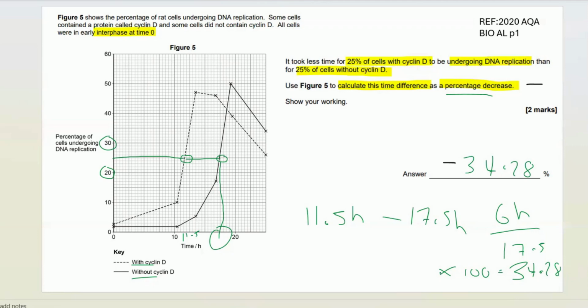So you're just finding the percentage change in the time. And of course, it tells us it's a percentage decrease, and that tells you that you should put a minus at the front there. And there we go.